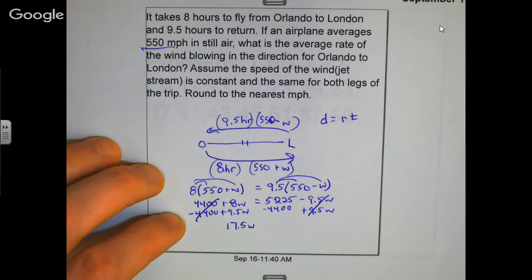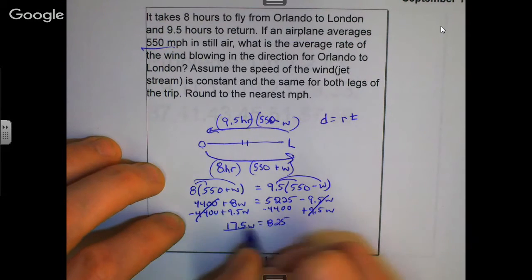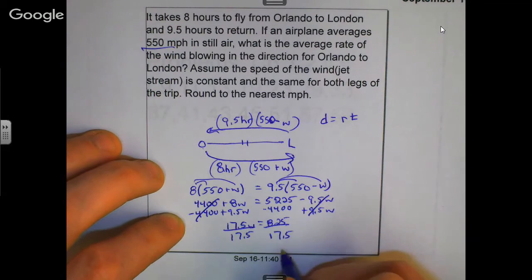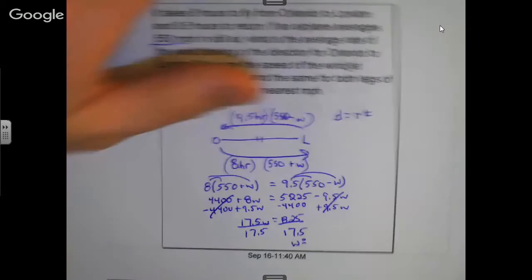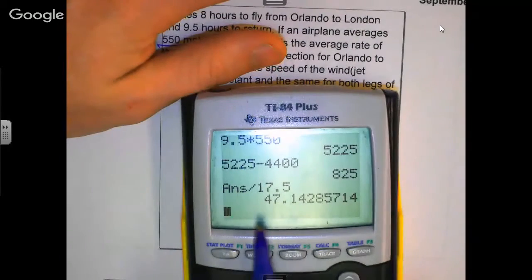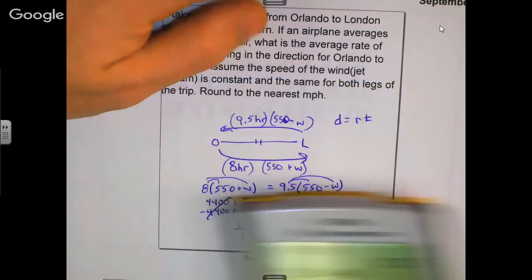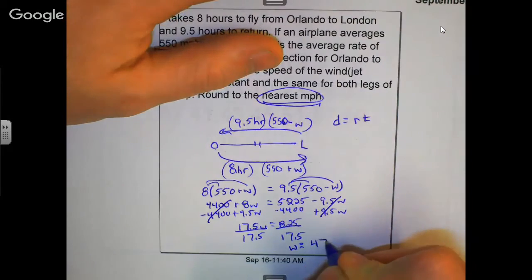So 825 divided by 17.5, divided by 17.5, you get W to be 47.1428 and so on, but it says round to the nearest mile per hour. So the wind is 47 miles per hour.